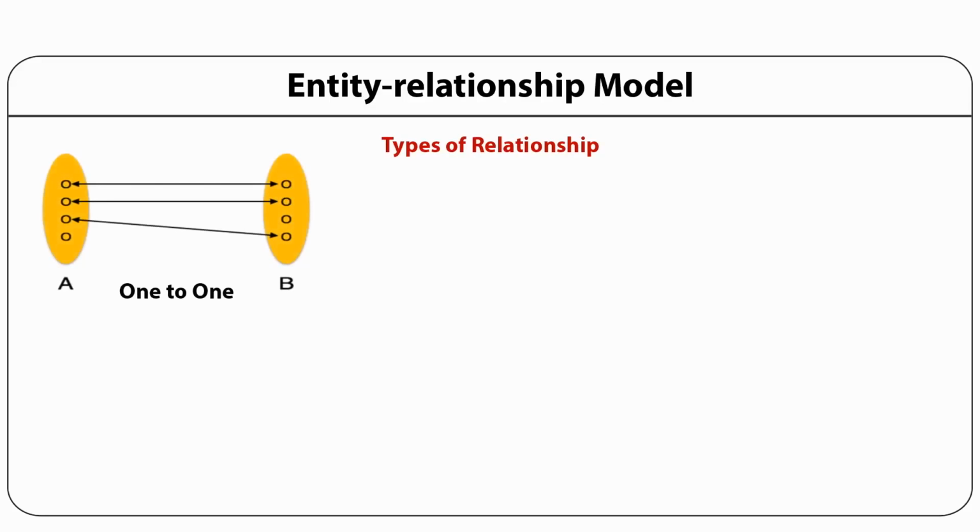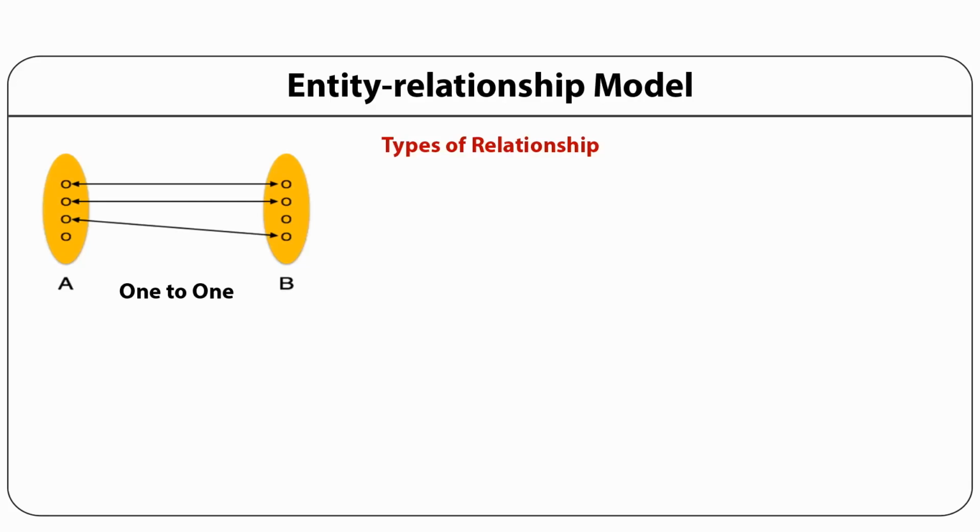For example, we have different sets of entities, and among different sets of entities we often find different kinds of relationships. In this slide we are showing you different kinds of relationships. We have the one-to-one relationship. That means there is a set called A of entities, then there is a set called B of entities, and each entity of set A is related to one entity of set B. This is a one-to-one relationship.